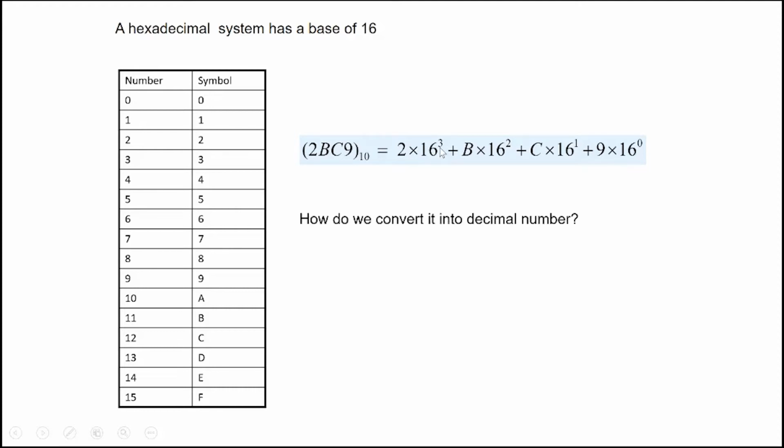And converting it into a decimal number, convert C: C is actually 12. If you go and see, C is 12. And B is 11. So convert that back into here. And so when you write a number like this, 2BC9 to the base 16, that is equivalent to 11209 to the base 10.